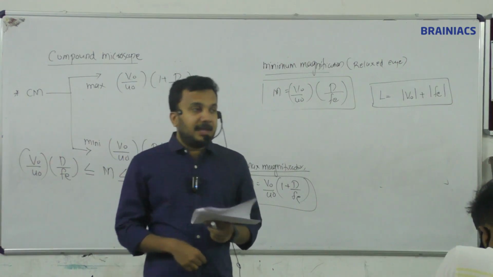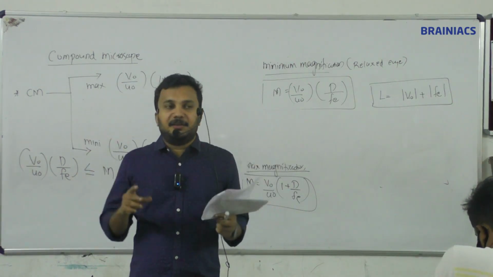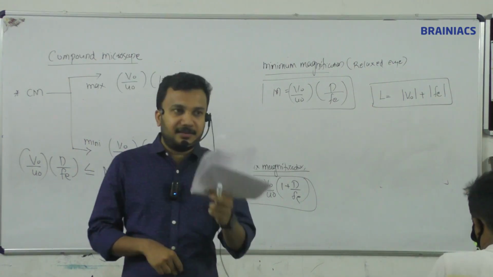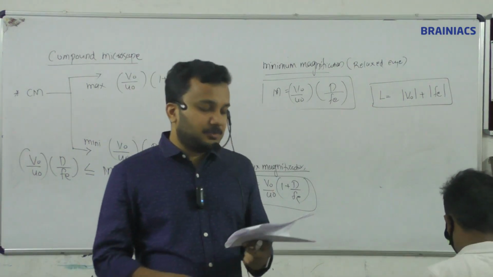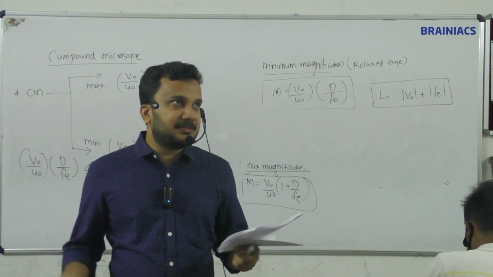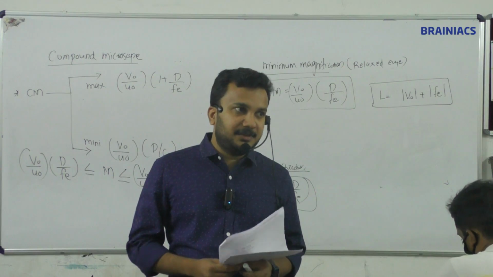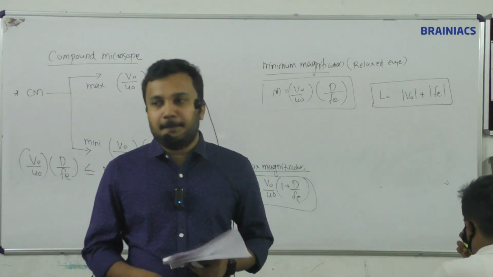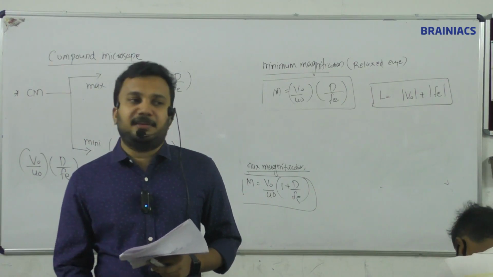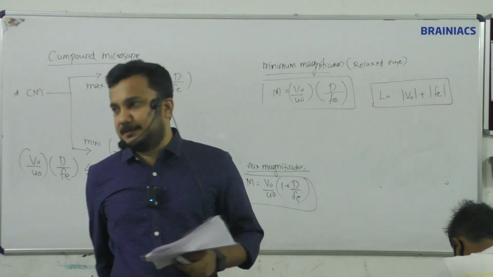L means V0 plus UE. Image at the least distance of distinct vision means maximum magnification. So what's the formula? M equal to V naught by U naught into 1 plus D by FE, and D is 25 centimeter.